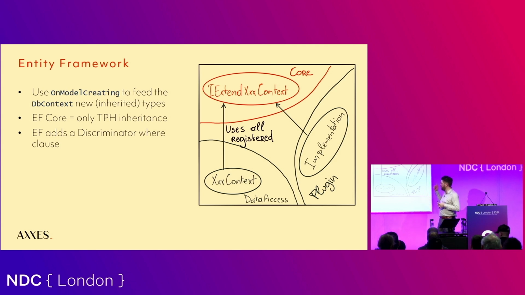Actually, since the last version of Entity Framework Core, you can also do the other two things that Entity Framework 6 could do, which was put it in separate tables or even have only the bottom tables and not the abstract top table. Now, the problem here is that we used to have a problem when we would fetch data that was created by plugins that were no longer in our system.